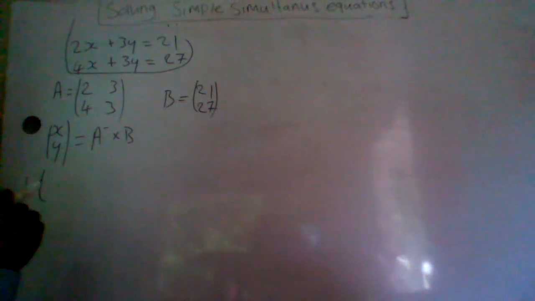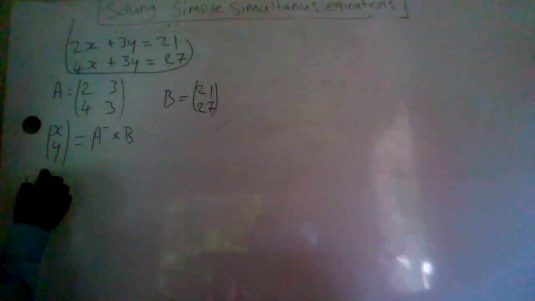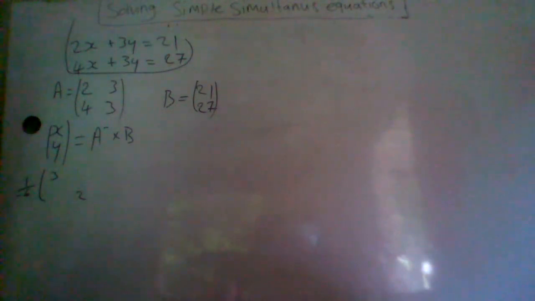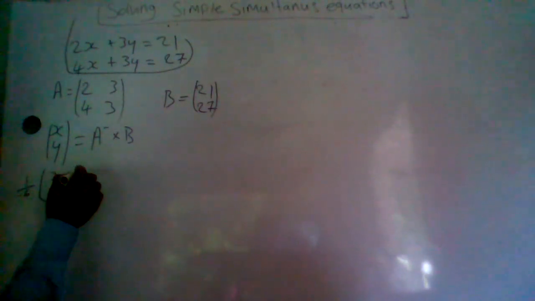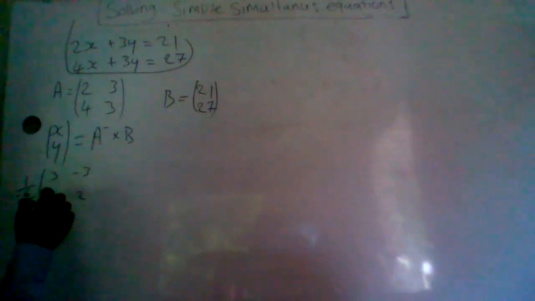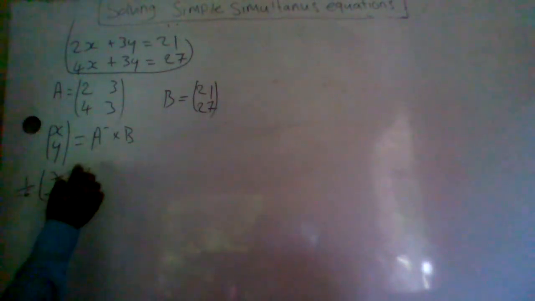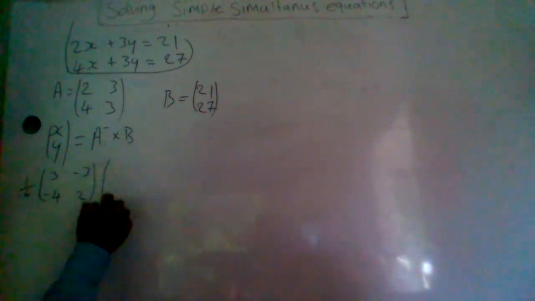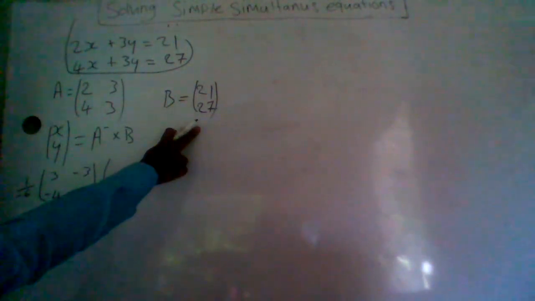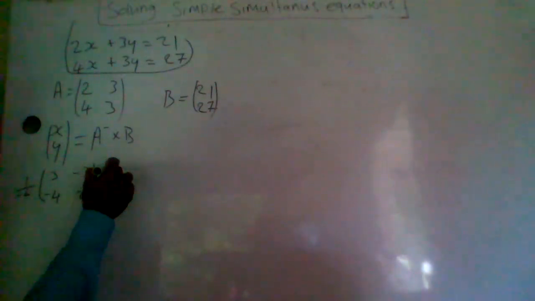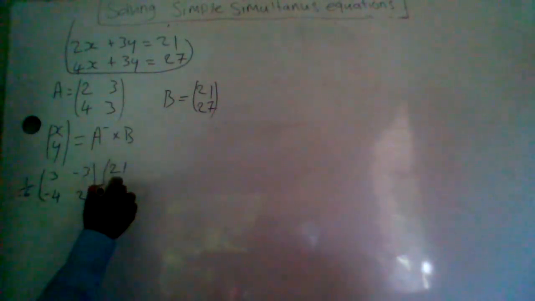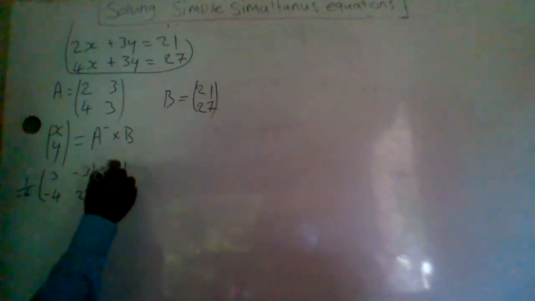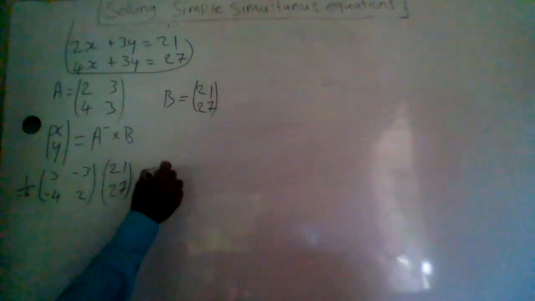And the adjoint would be interchanging the leading diagonal, 3, 2, and negating the non-leading diagonal, negative 3, negative 4, times B, which is the solution matrix, 21, 27, and that will be equal to x, y.